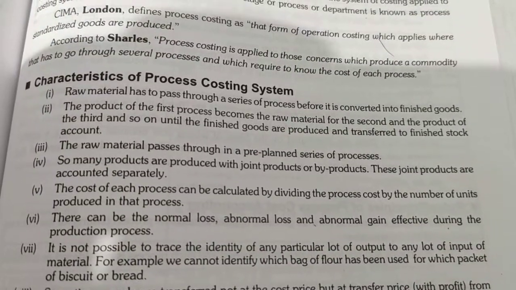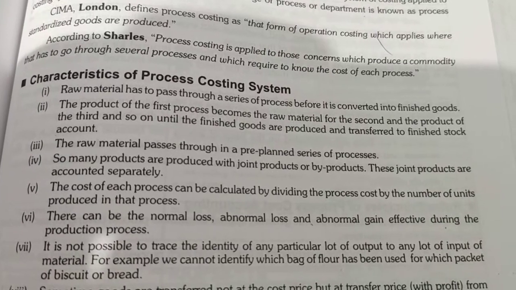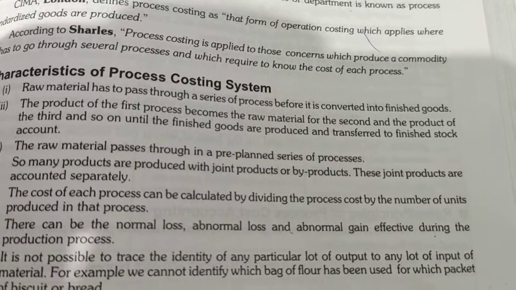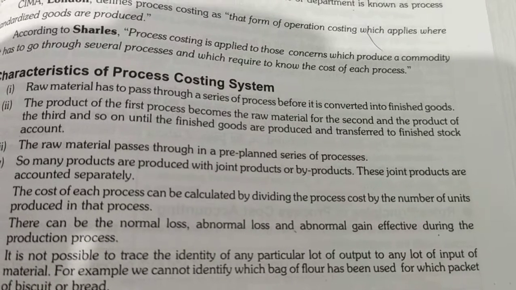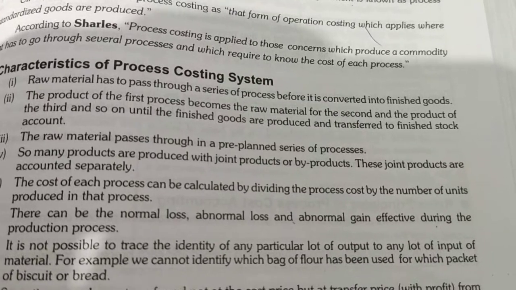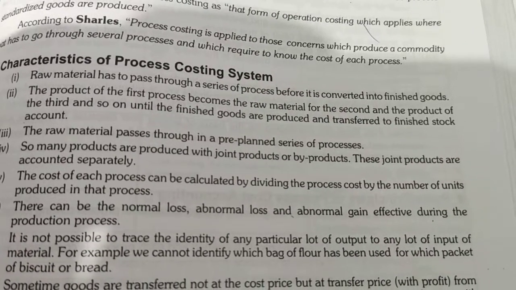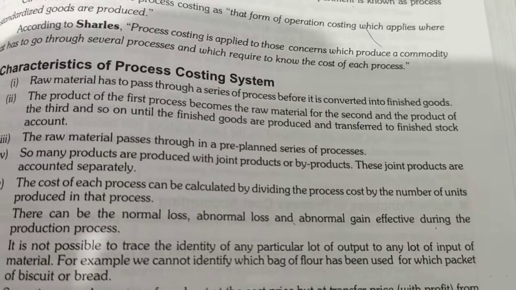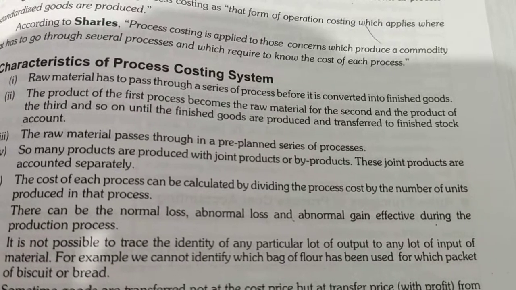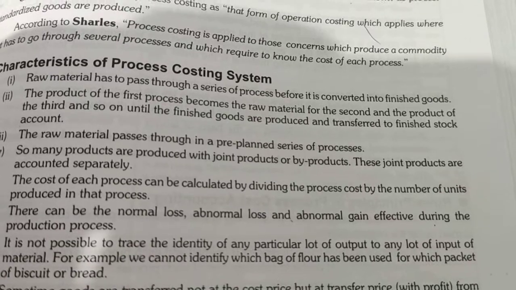Okay, so what are the characteristics of process costing? Raw material has to pass through a series of processes before being converted into finished goods. The product of the first process becomes the raw material for the second process, and the product of the third, and so on until the finished goods.